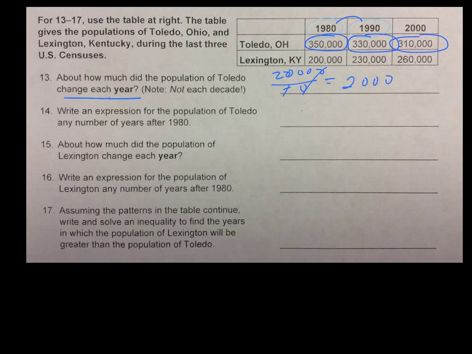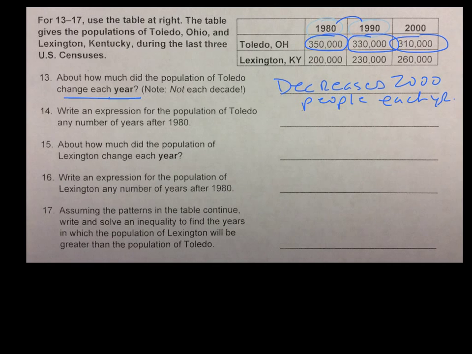So what I want you to write is this. Let me go ahead and erase that. So what you want to write down is it decreased 2,000 people each year. All right, each year.